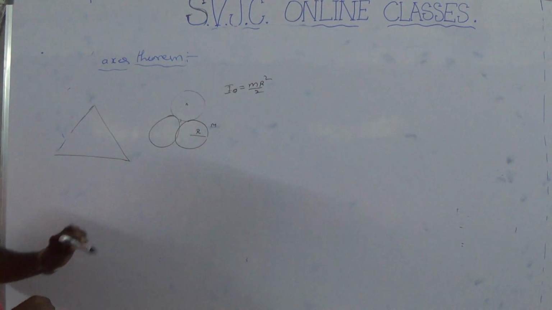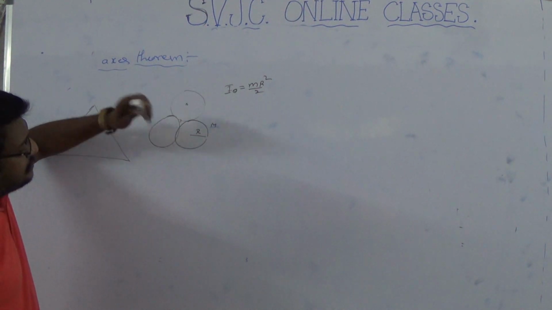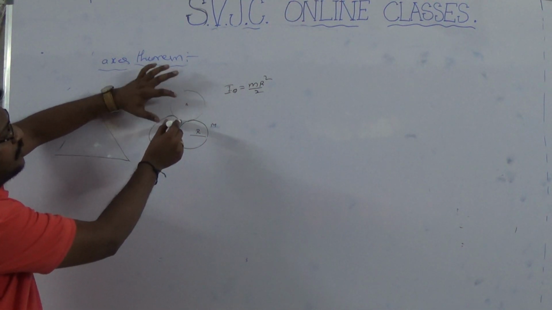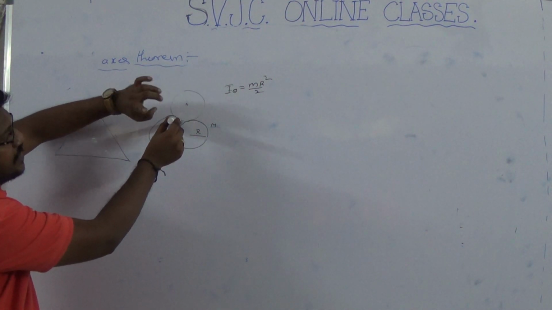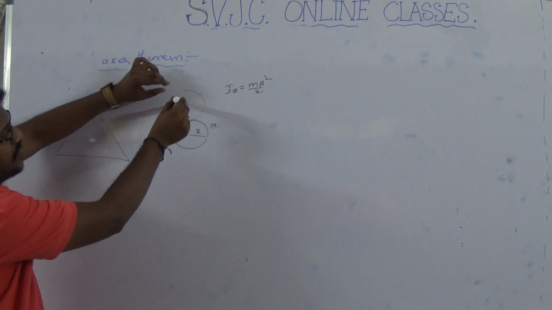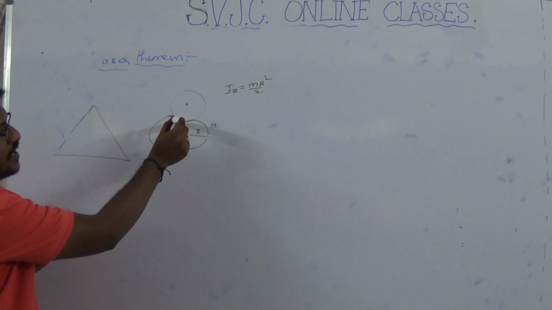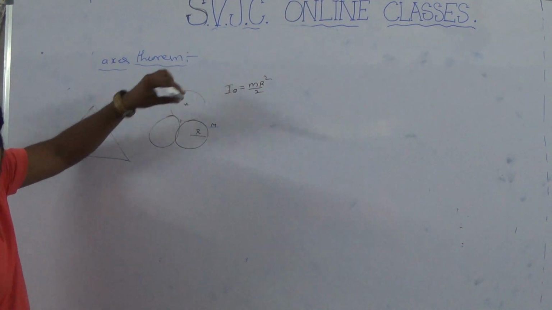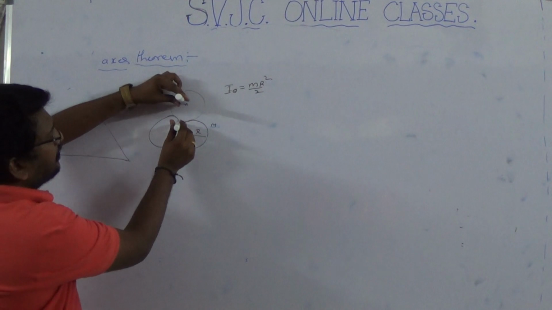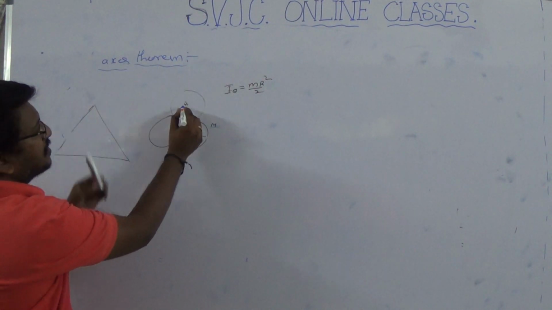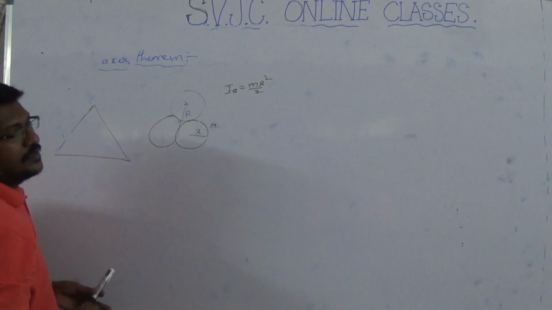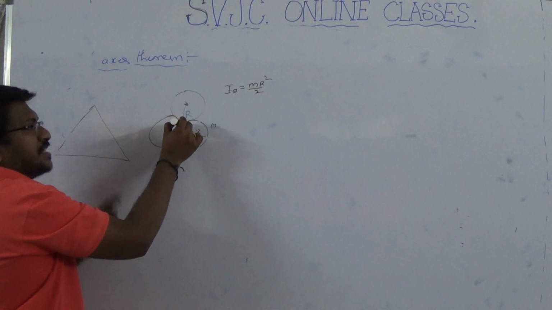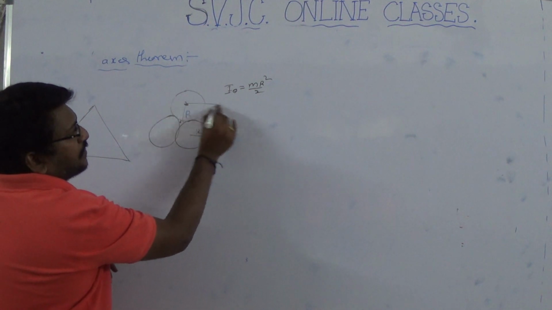Now I am going to calculate the moment of inertia of this system with respect to this axis. First I calculate the moment of inertia of this disk with respect to this axis. Just assume there is one axis, and again this is one more axis. Here the two axes are parallel to each other, separated by distance r. So the moment of inertia of this one disk with respect to this axis is given by using the parallel axis theorem.